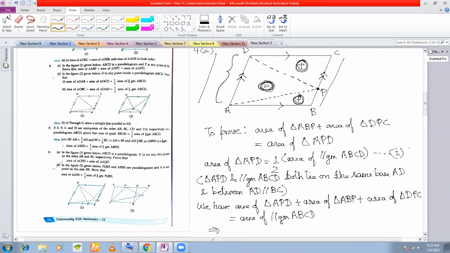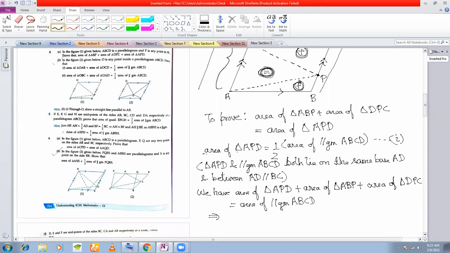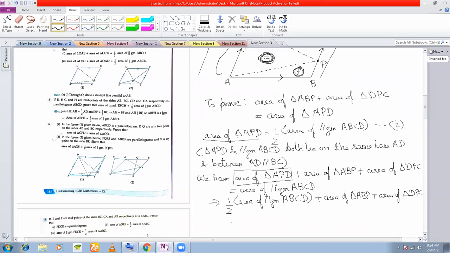Now using 1, instead of area of triangle APD here, you put half area of parallelogram ABCD. So we get half area of parallelogram ABCD plus area of triangle ABP plus area of triangle DPC is equal to area of parallelogram ABCD.